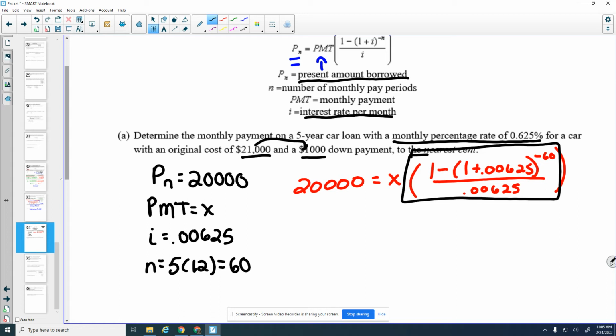If I type it in my calculator, I get a decimal, along with a continuing decimal, not something I can write down the whole thing, but this comes out to 49.905, and that's times x equals 20,000. So now all I have to do, even though it looked complicated, was divide by the 49.905 or whatever decimal goes along with that.